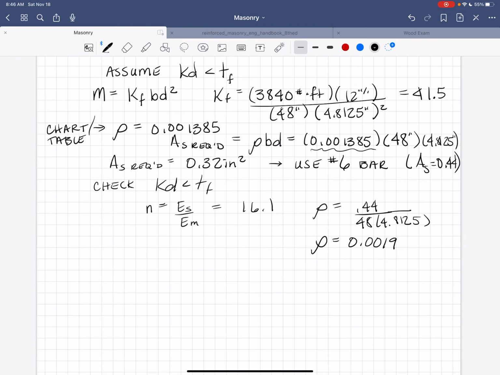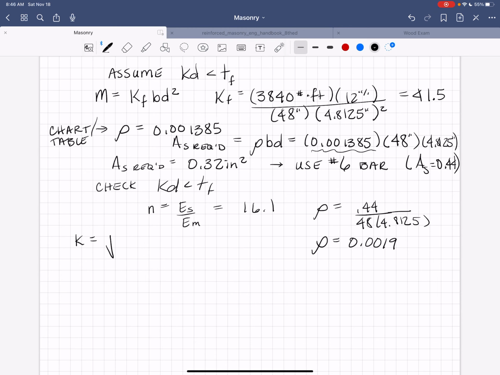So I need k equals the square root of n rho squared plus 2 times n rho, minus n rho, I think. And k equals 0.22.